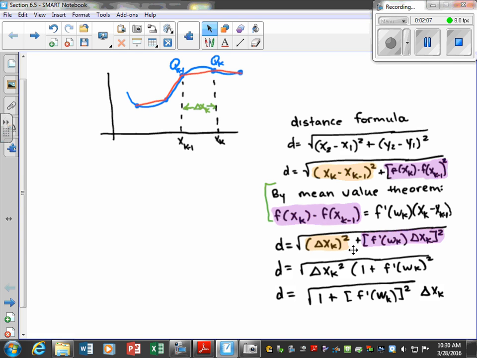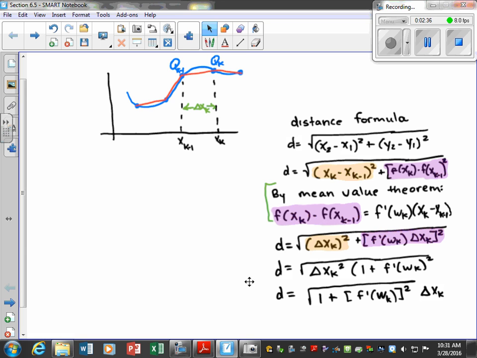Now the rest is just some algebra. If I factor out a delta x sub k, because there's a delta x sub k in this term and there's a delta x sub k in this term, I'll be left with this, and then that's just going to be 1 plus f prime of w sub k squared, and the square root of a squared term is just the term itself.